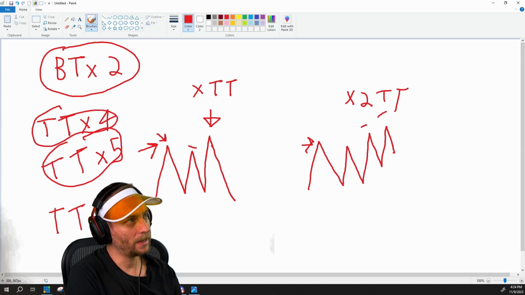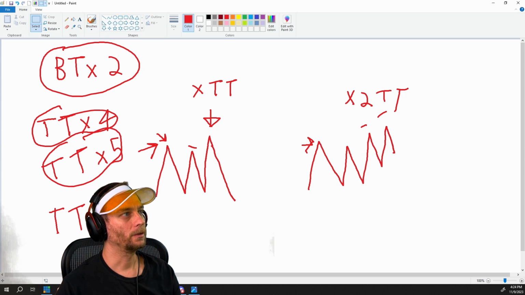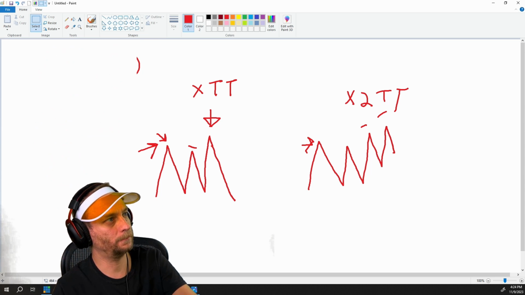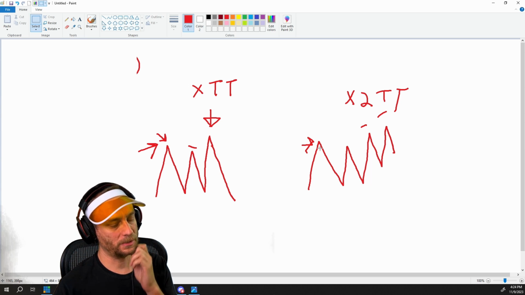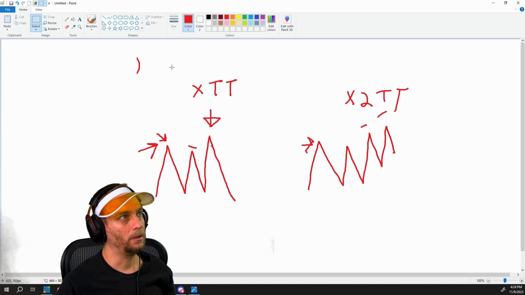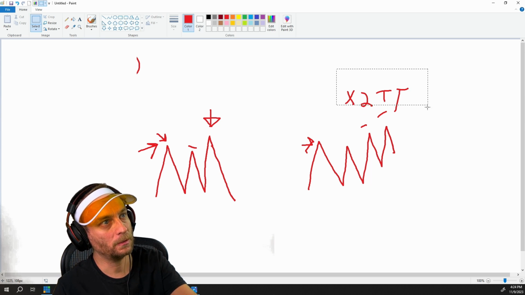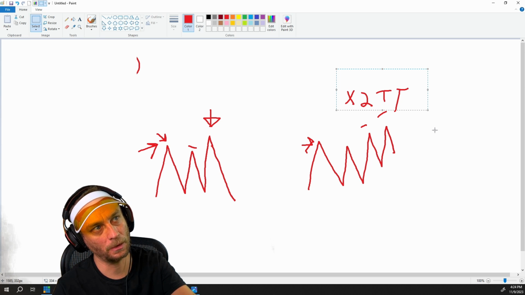This is telling me it has 5 top ticks, okay? So let's go ahead and erase this. All right. So right here, hypothetically speaking, this would be a TTX1. This is a TTX. I made it backwards, but this is TTX2 right here.